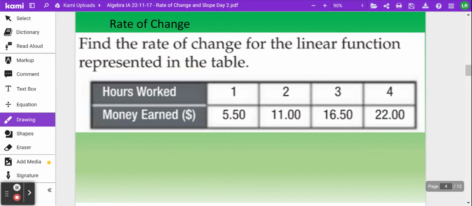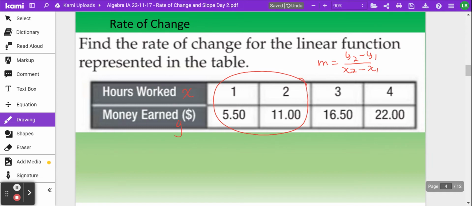So we need to make sure we know which one's the x and which one's the y. This is our x, this is our y. When we're doing the slope equation or rate of change, we only need 2 data points. We have 4 data points, so we got to choose 2 of them. Does it matter which ones? No. I'm just going to choose those 2.